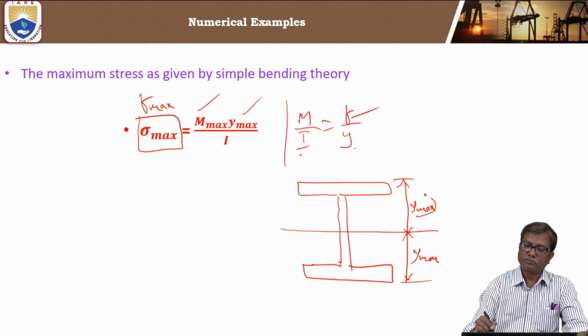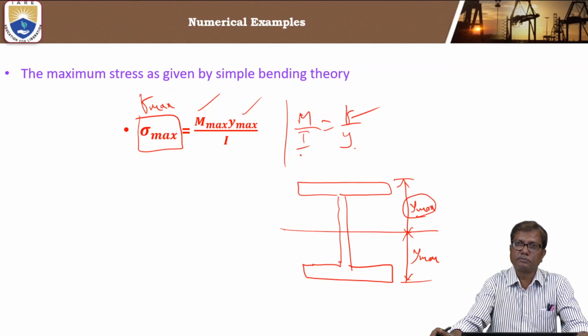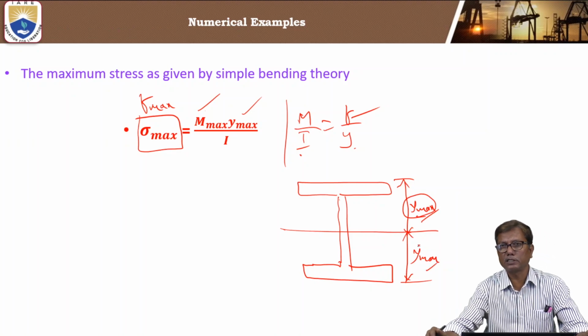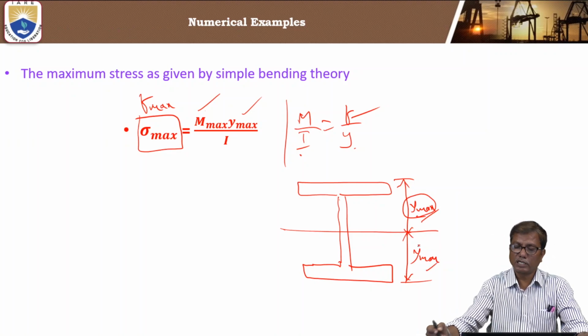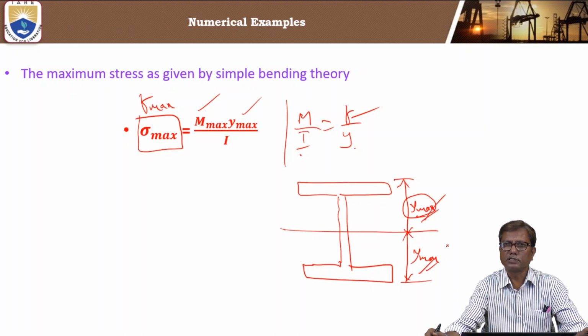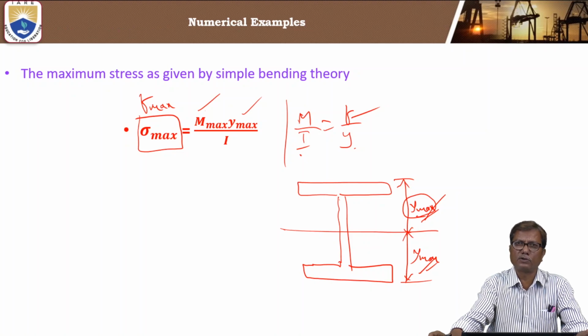Y maximum may be taken as the distance of either. For unsymmetric sections, these two distances are not the same. In that case, we have to take the maximum value of these two distances, topmost or bottommost.